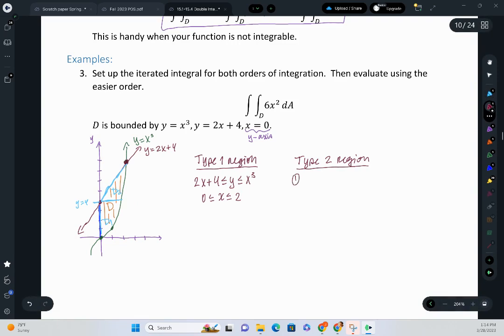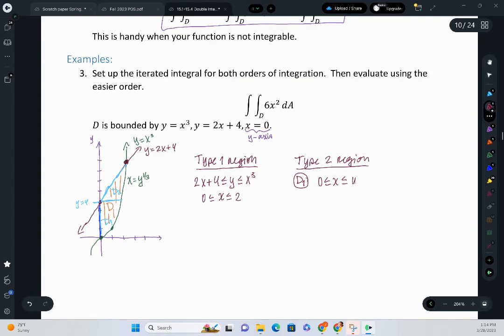So I'm going to look at the first one, D1. On the left, x is starting at 0. And then it is going to y equals x cubed, but that is also known as x equals y to the 1/3.